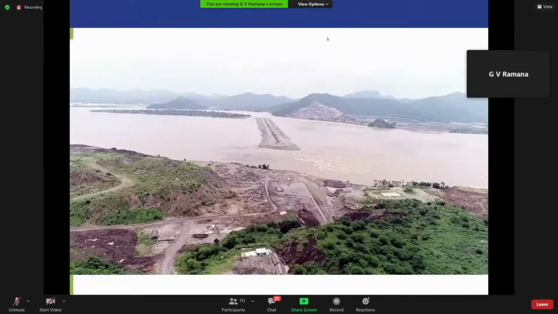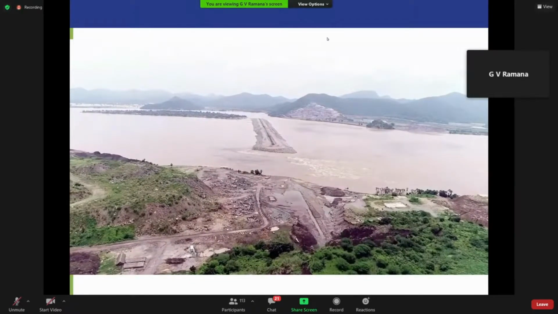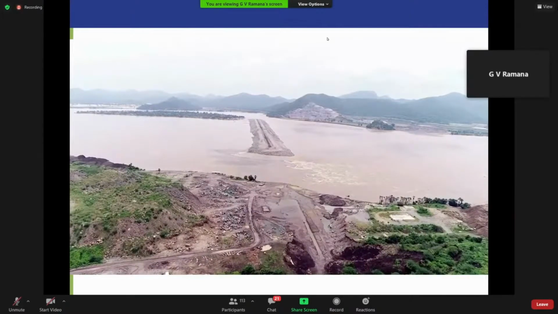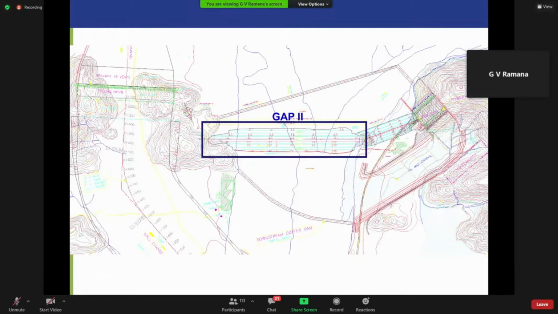This is a small video of the upstream coffer dam that is in place and which survived the 2019 floods, for those of you who can't go to the site. This is your upstream coffer dam, this is your downstream coffer dam, and along here the dam is going to be aligned between the two hillocks.